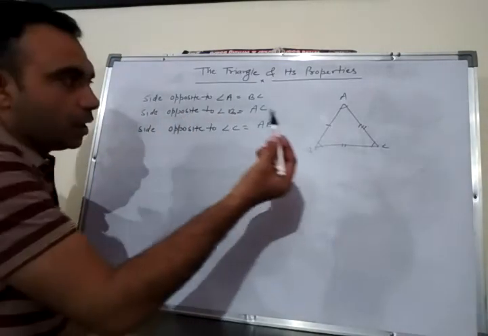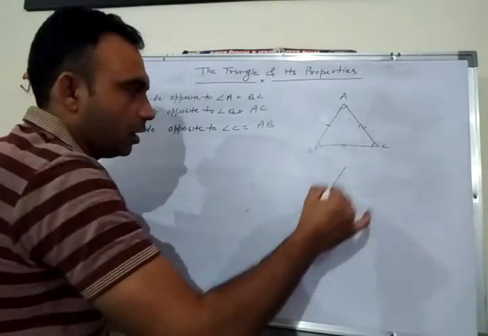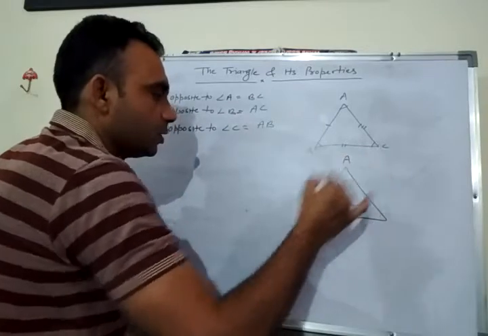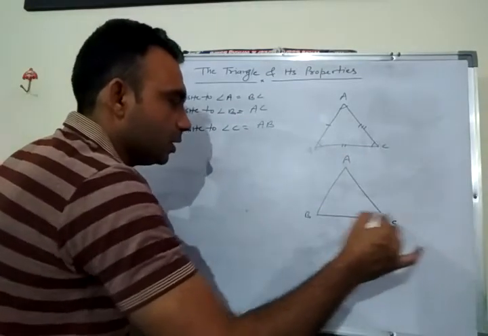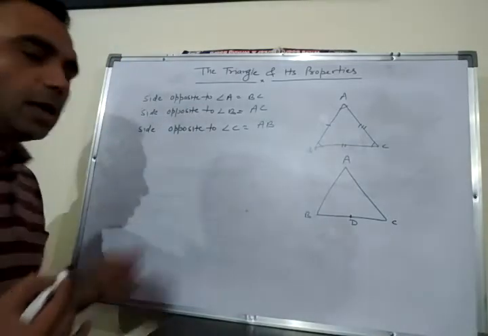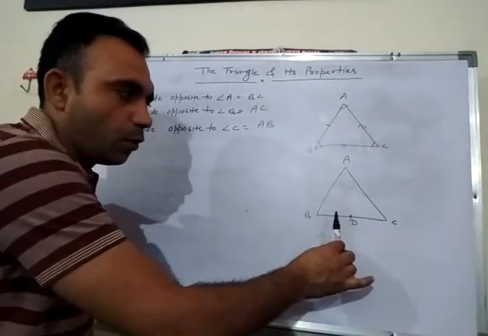Now let me take the midpoint of any side. This is triangle ABC. Let me take the midpoint of BC. Midpoint implies it divides the side into two equal parts.